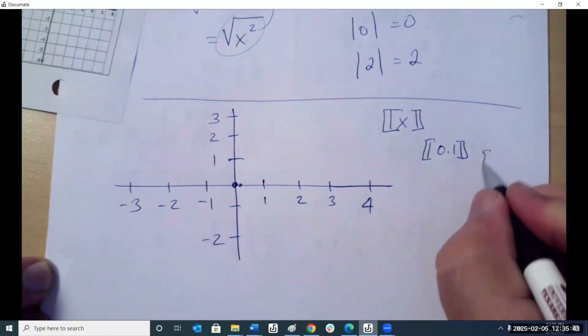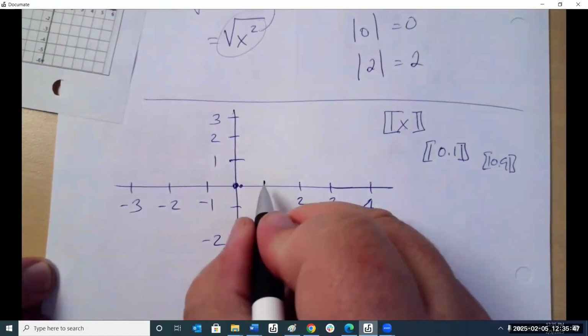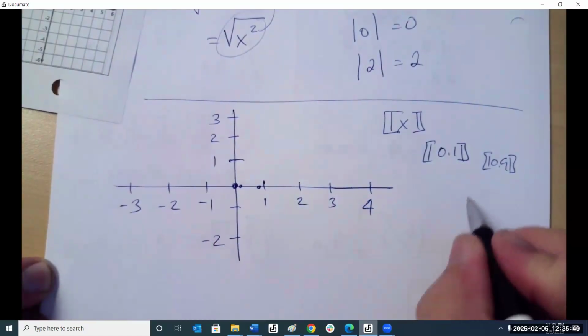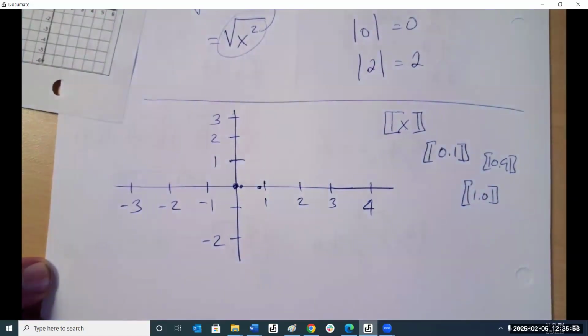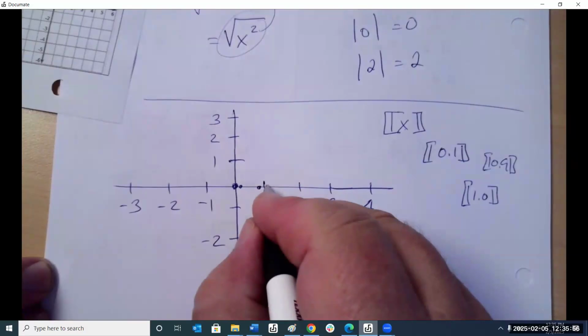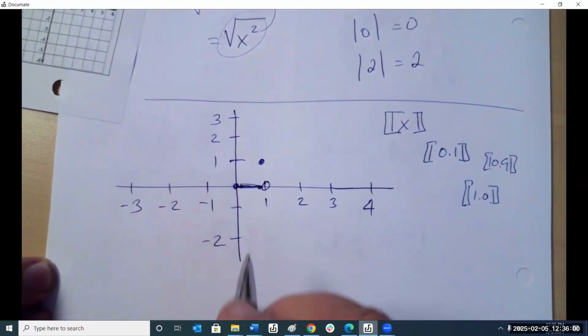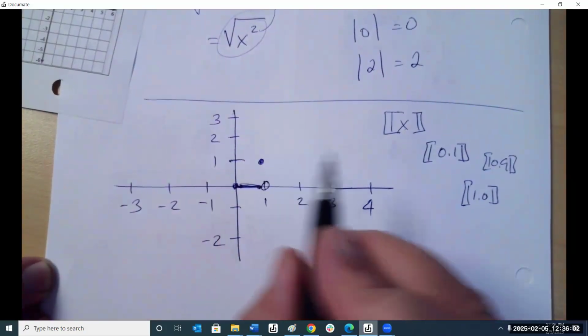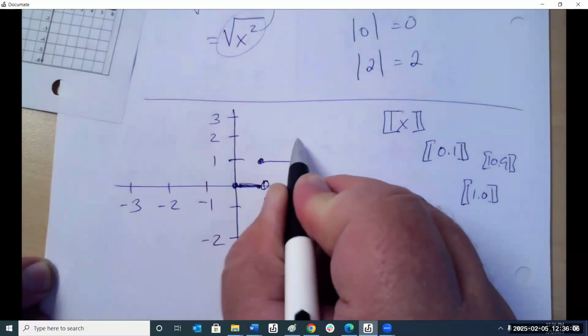If I gave you 0.9, 0. If I gave you 1.0, remember, get rid of the decimal. So now it jumps up to 1. So it could be all these decimals, and then when I get to the integer, it jumps up. So all these decimals, when I get to the next one, it jumps up.